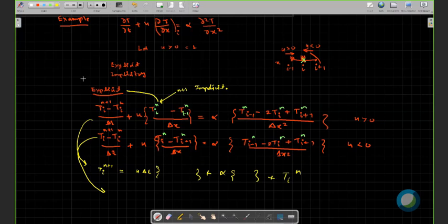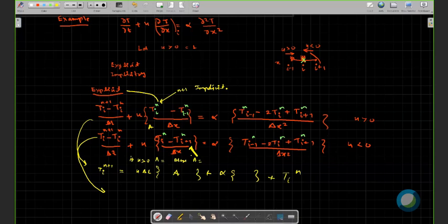Say for example, suppose you want to solve this particular term, and suppose this particular term is a. Here you will check the condition. If u is greater than 0, then a will be equal to calculated, like this. Else a is equal to this. And you will substitute here. So according to the sign of u, you will simply get this.